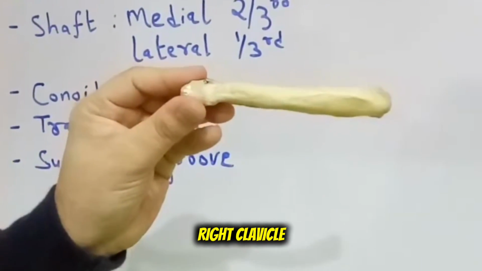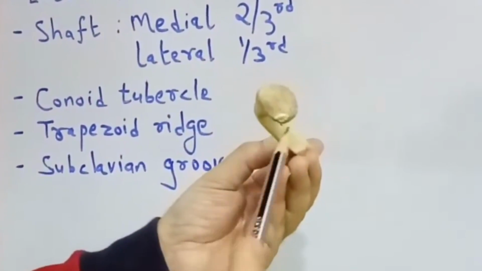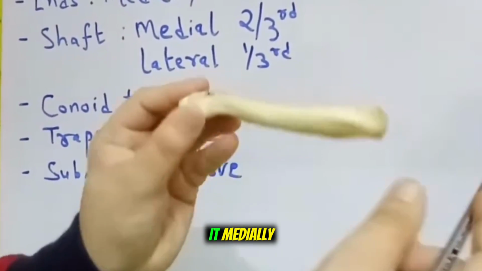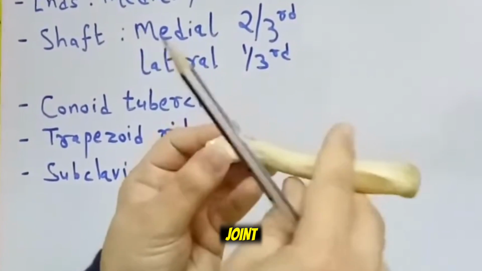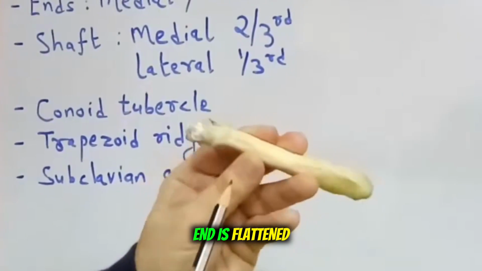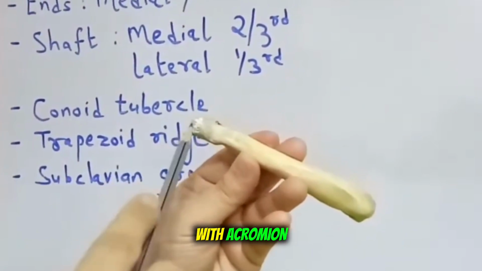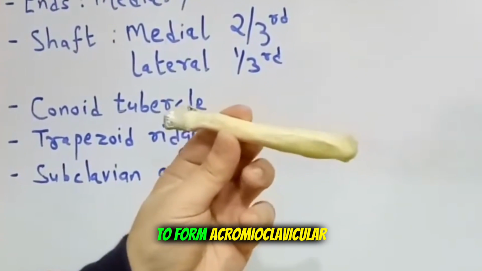This is the right clavicle, in which this larger end, the medial end, place it medially, which will articulate with the manubrium to form the sternoclavicular joint. And the lateral end is flattened, which will articulate with the acromion to form the acromioclavicular joint.